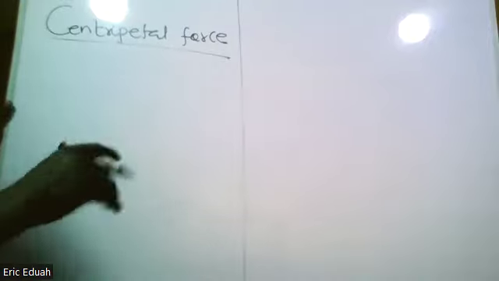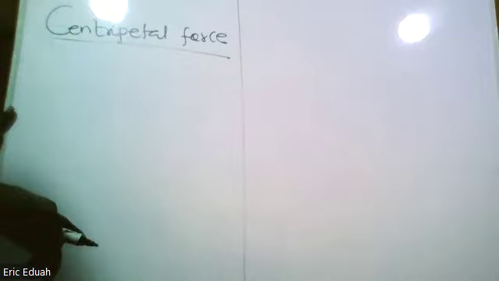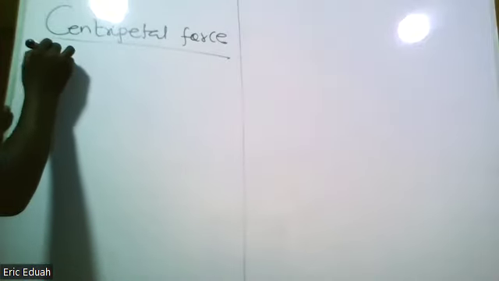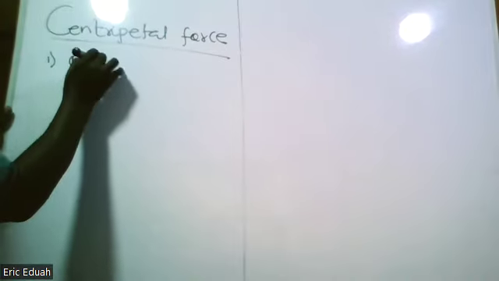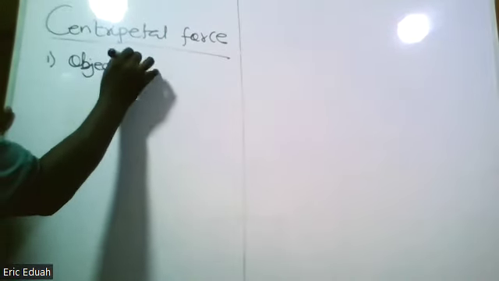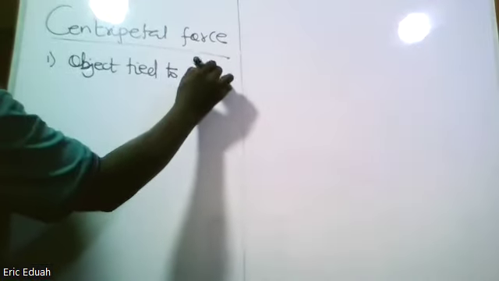So let's look at situations of a body staying within a circular path. One, when an object is tied to a string and whirled.